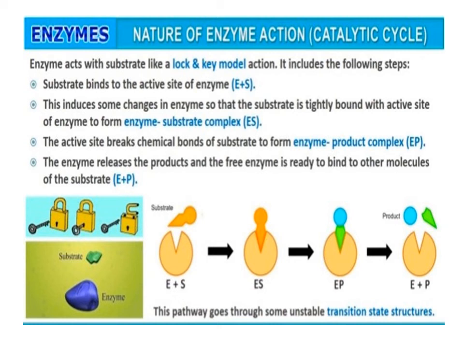The formation of the ES complex is essential for catalysis. E plus S is a reversible process from ES. It produces EP. From that, enzyme and product are dissociated. This pathway goes through some unstable transition state structure.